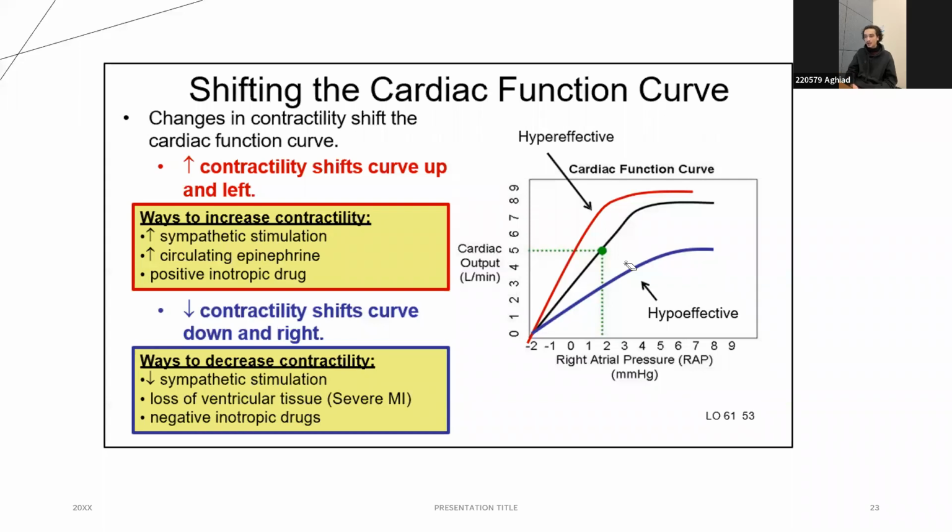But for now, increasing contractility would logically increase cardiac output, and decreasing contractility would decrease cardiac output. So decreased contractility for the same atrial pressure gives us a lesser cardiac output, and increased contractility, more cardiac output. Is that clear? Yes, very clear. Perfect.